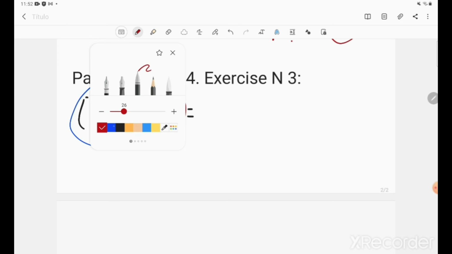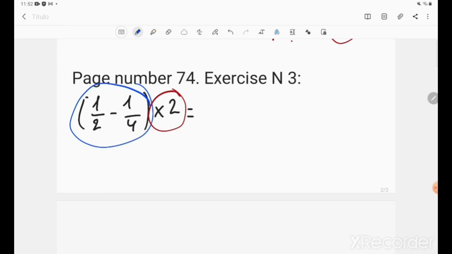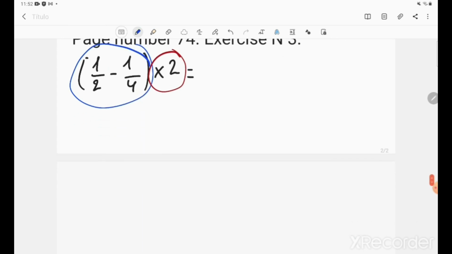First of all, let's go with blue color, the subtraction. 1 over 2 minus 1 over 4. As you know, the same problem as before. We don't have the same denominator, as you see here, so we are going to convert this fraction into a fraction with the same denominator as this one. How to do that?